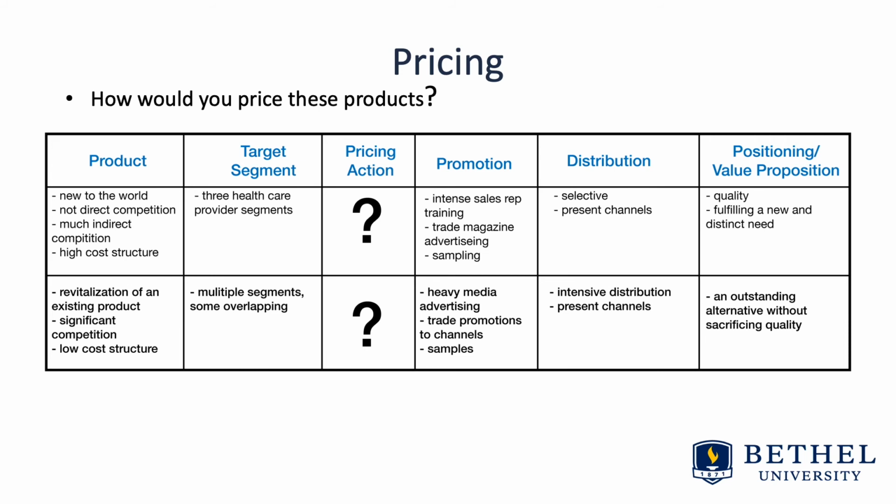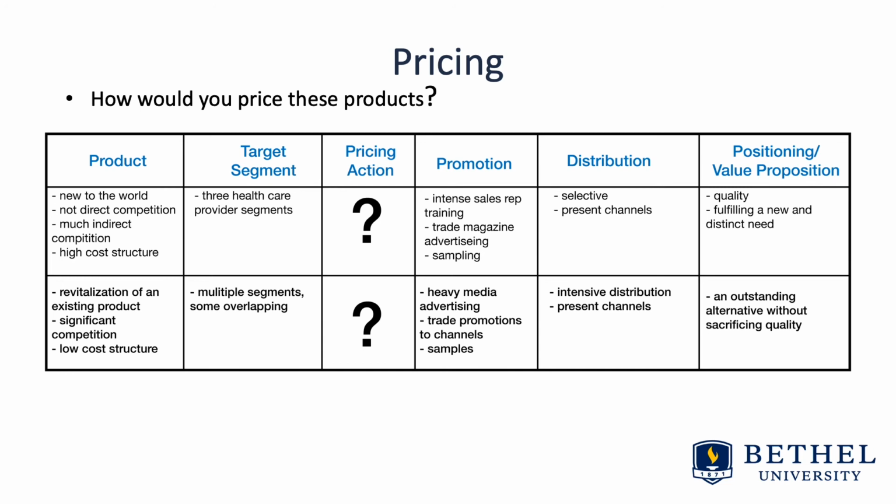The second scenario is that the product is a revitalization of an existing product with significant competition and a low-cost structure. The product will be sold into many segments, and some of them are overlapping. This product will be sold via our present channel with intensive distribution. It is an outstanding alternative to those currently in the market without sacrificing quality.